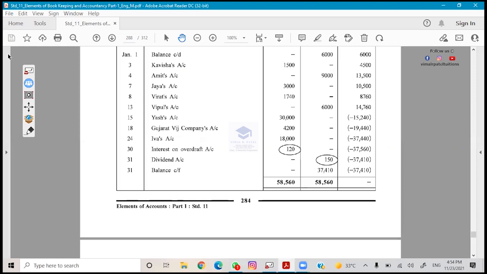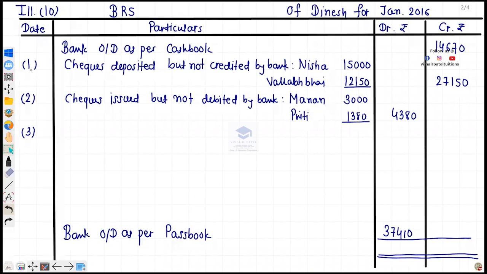Interest on overdraft debited by bank but not recorded in cash book. $120.